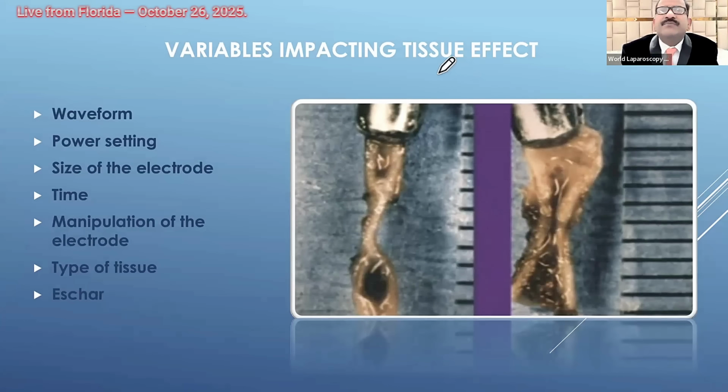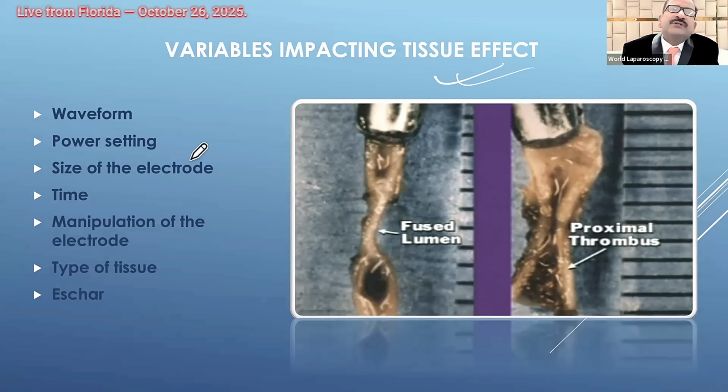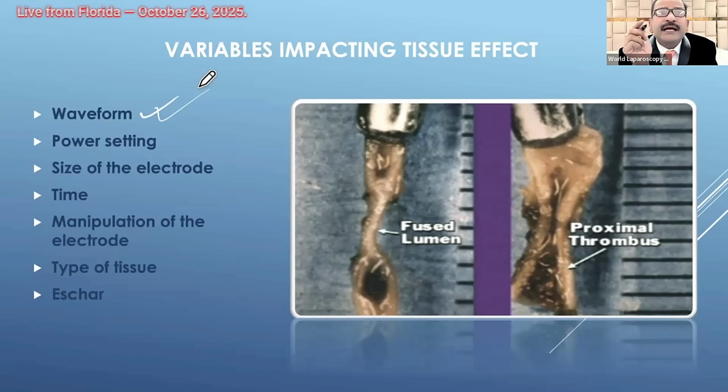So what are the variables impacting the tissue effect? We should use the correct waveform. Today you did a hysterectomy and you may not have bleeding, and tomorrow you did it and you have bleeding. Why did it happen? Because the correct waveform was not selected. Like your coagulation was set for fulguration or desiccation, and you don't know your nurse has pressed fulguration or spray mode.